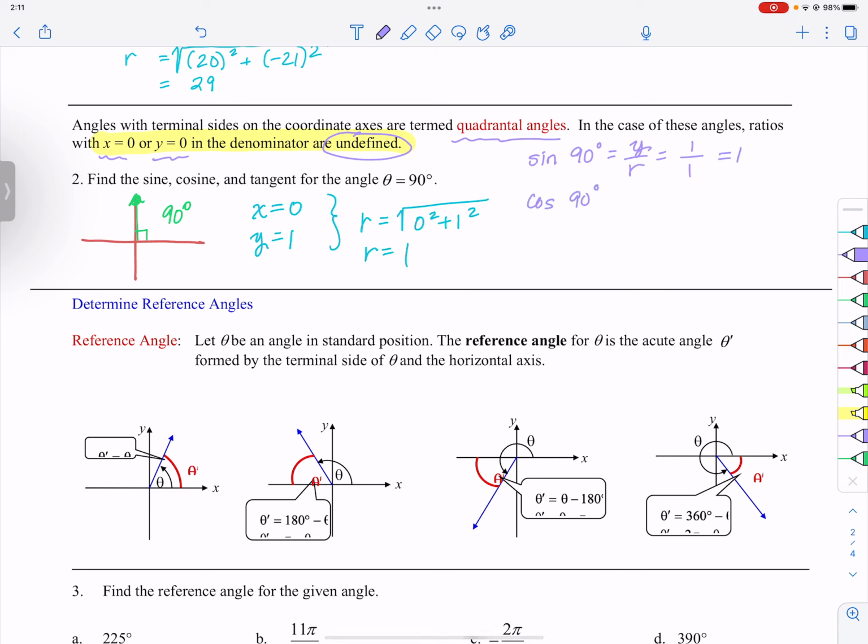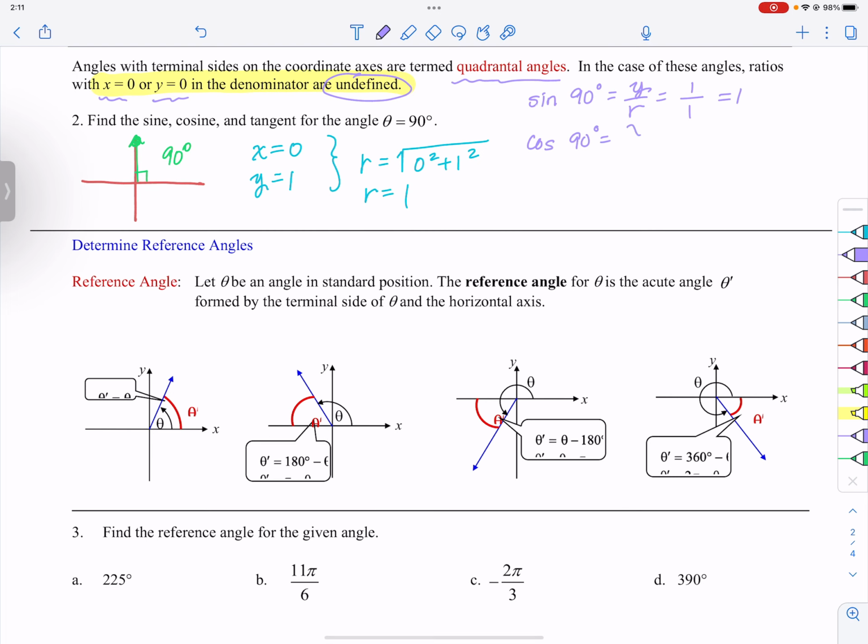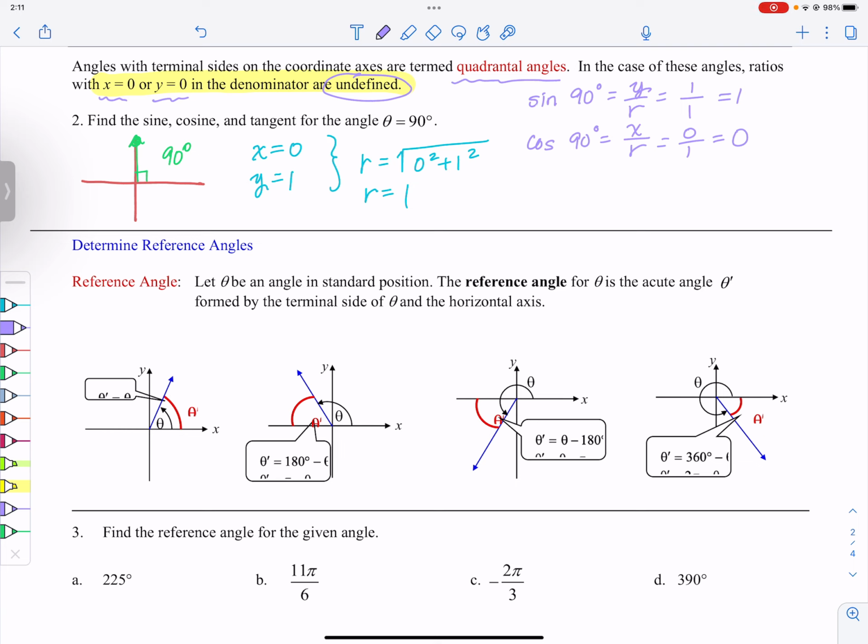The cosine of 90 degrees is x over r, and that's equal to 0 over 1, and of course, that's equal to 0. And we have the tangent of 90 degrees. The tangent is y over x, and what do you notice? That would be 1 over 0. And we cannot have 0 in the denominator, so the tangent of 90 degrees is undefined.